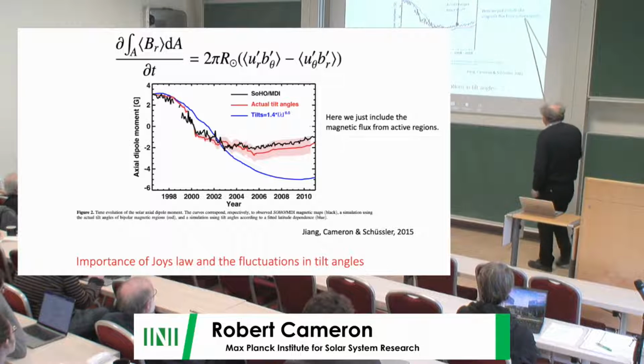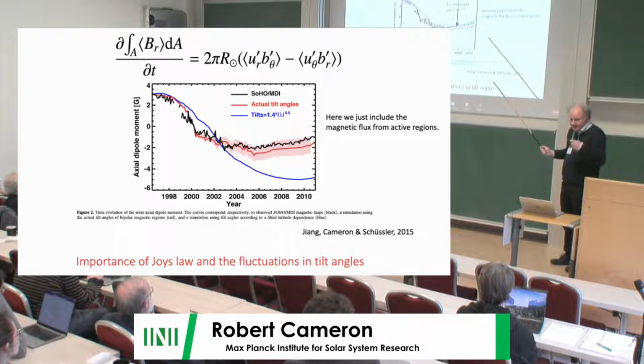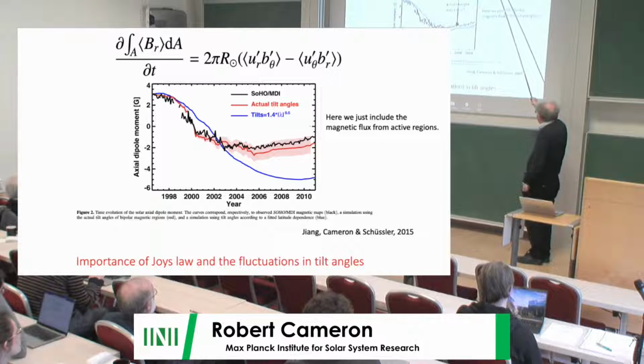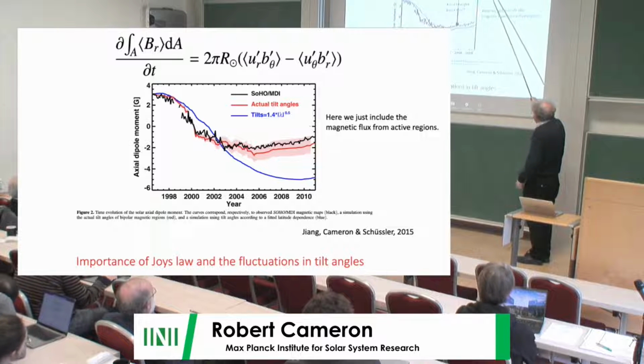If you just look at the active regions, it turns out the rate of emergence of ephemeral regions is such that this is dominated, particularly in the noise, by the active regions and not smaller ephemeral regions.